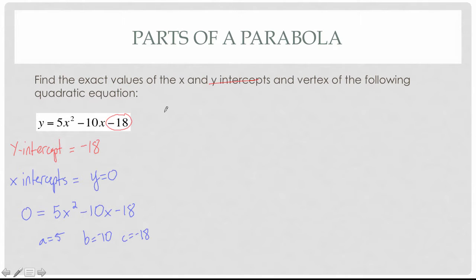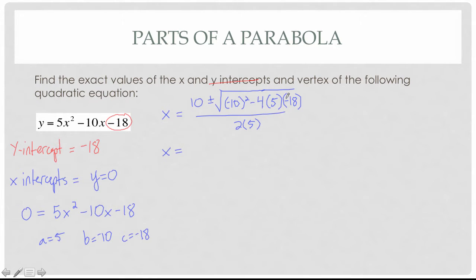So my x values that I'm solving for are negative b. Since b is already negative, I'm going to put in positive 10, plus or minus the square root of b squared minus 4 times a, which is 5, times c, which is negative 18, all divided by 2 times a, and a is 5. All right, I'm going to simplify this down quickly, and we'll go through it.